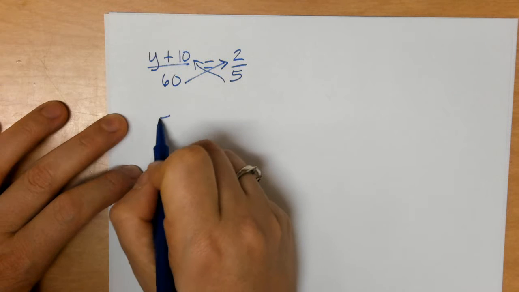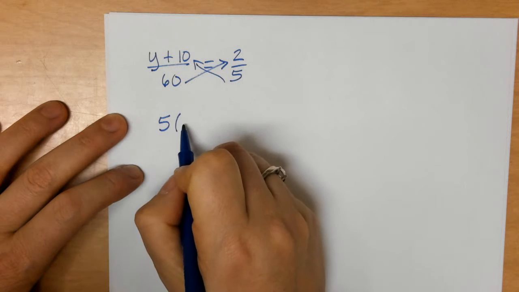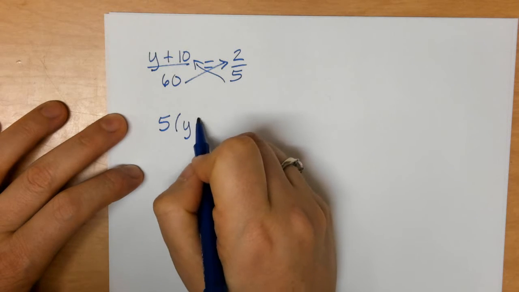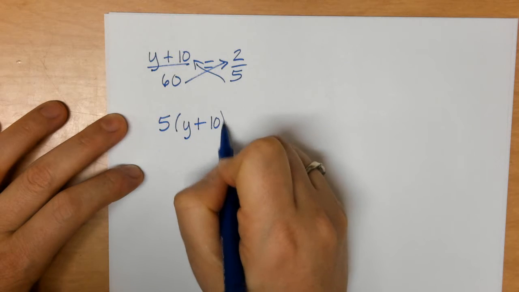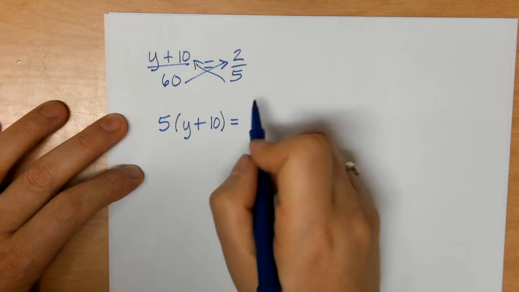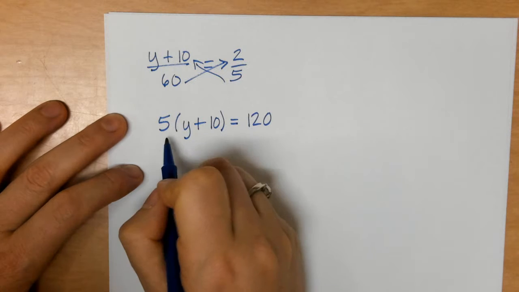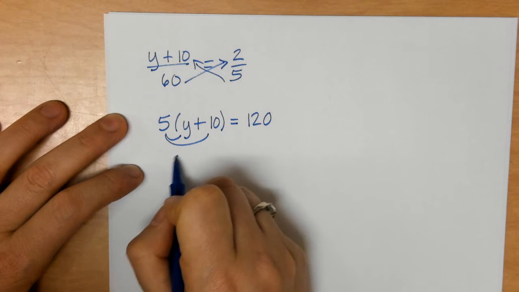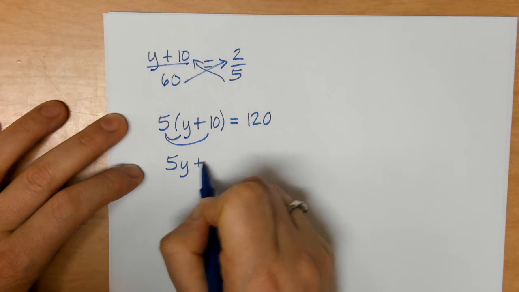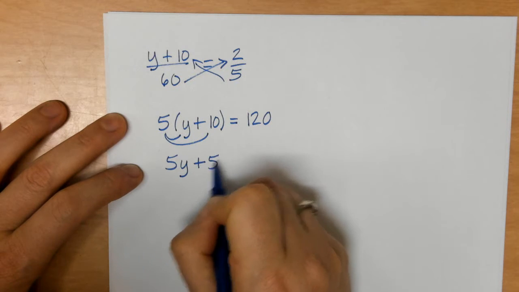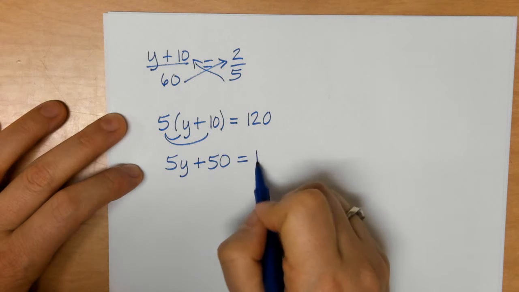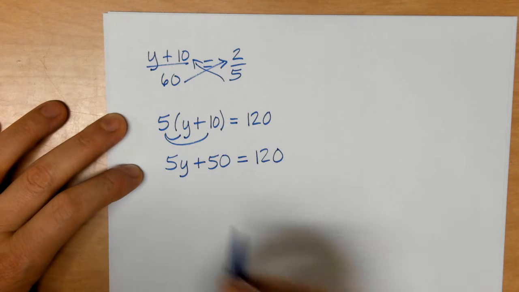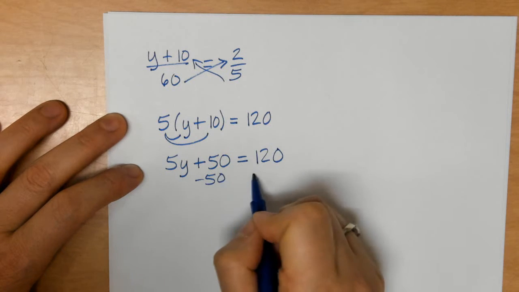So I'm going to begin by showing my distributive property, 5 times the quantity of y plus 10. 60 times 2 is 120. Continuing my distributive property, 5 times y is 5y. 5 times 10 is 50. It's 120.